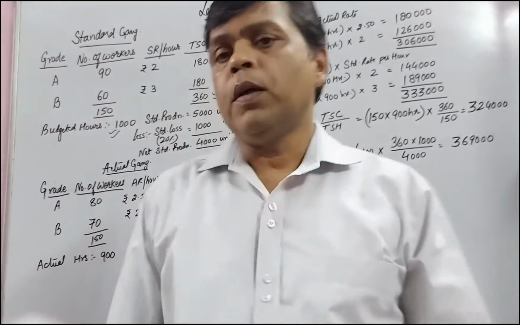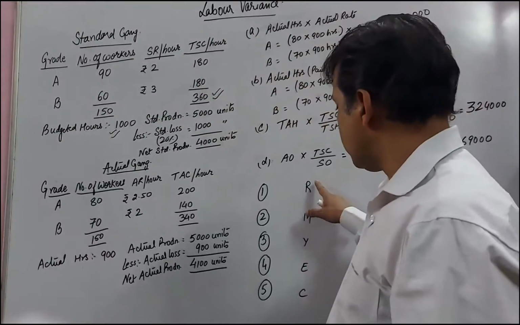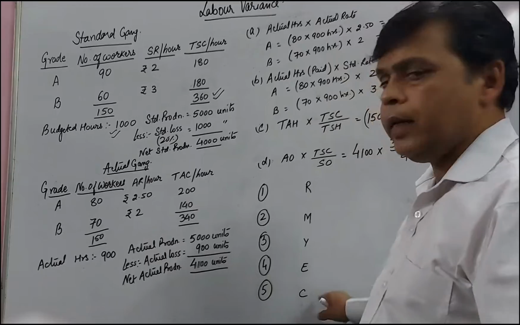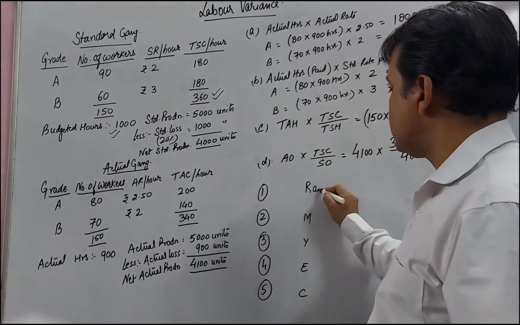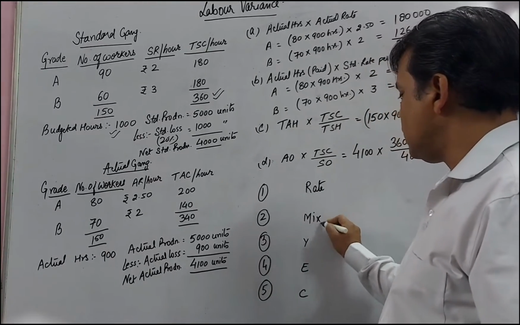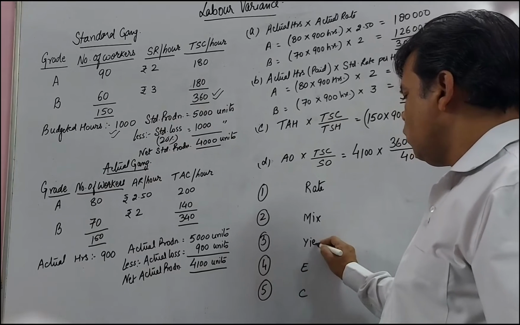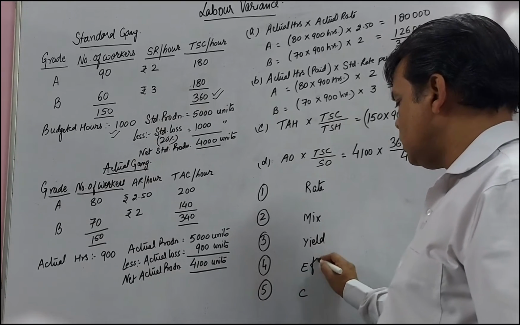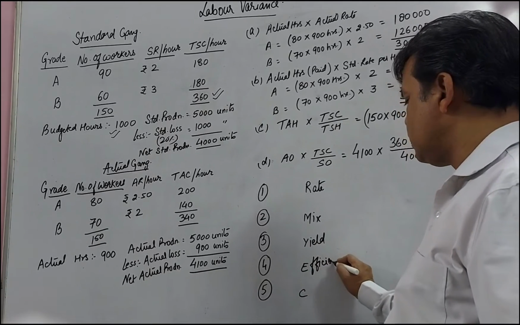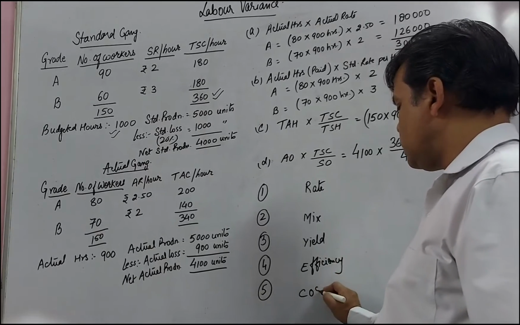And in order to remember those, I have made the shortcut, that is R, M, Y, E, C. R basically means rate, M means mix, Y means yield, E means efficiency, and C means cost.